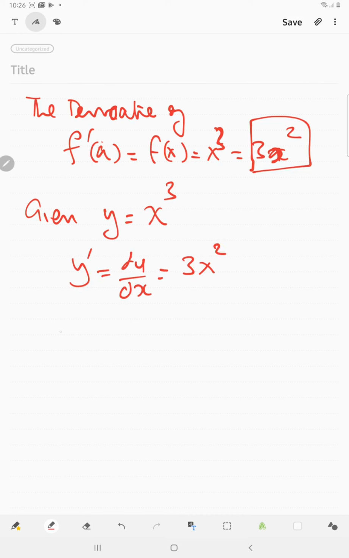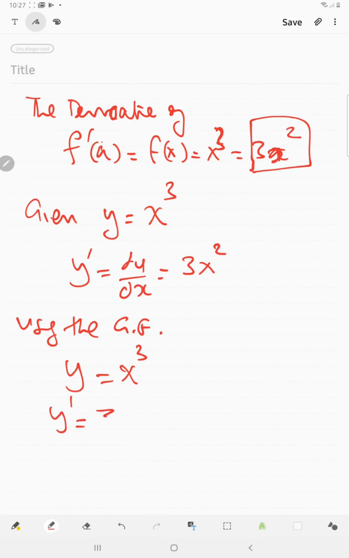So what happens, using the general formula, is that if y is equal to x to the power 3, then y prime is equal to 3 multiplied by x, then you take 3 minus 1, which gives us 3x to the power 2. So this is the value that we can have.